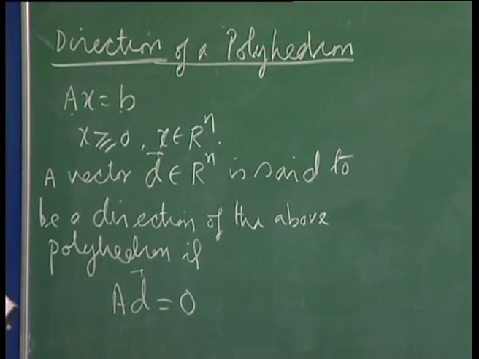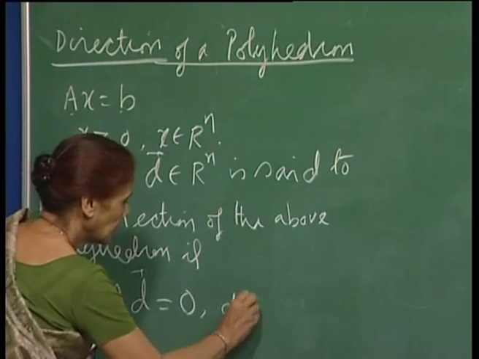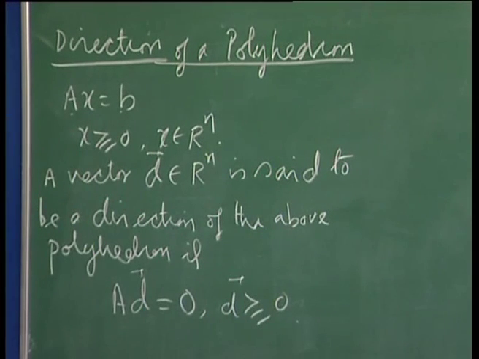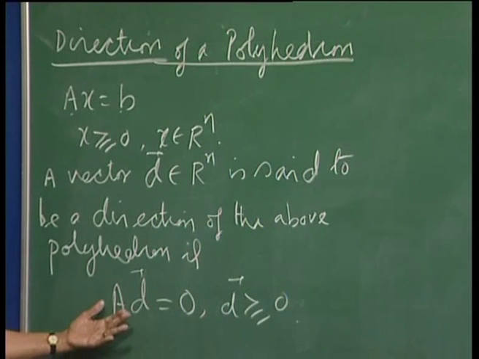So, Ad must be 0 and d non-negative. All components of d are non-negative and d satisfies the condition that Ad is 0. Fine. So, now you see what do we mean by this?